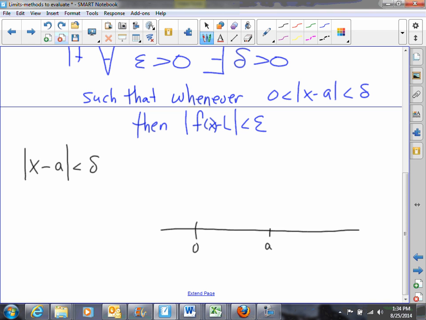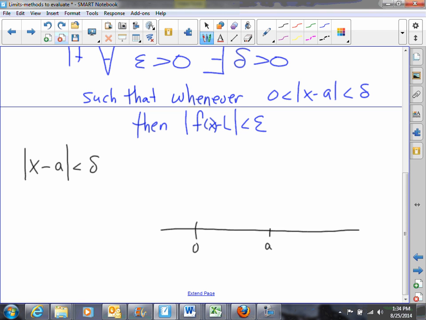Now, the absolute value of x minus a is less than delta. It's an absolute value inequality. This was covered in Algebra 2, but I find that a lot of times students don't remember it at this point. Number two, even at the time, they didn't really see it as that important. So we need to go back and take a look at this again.